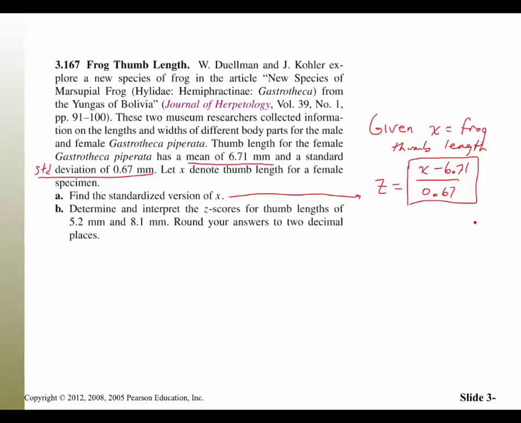Okay, so let's find out. So not only find the z-scores, let's find what percentage of frogs have thumbs between length 5.2 and 8.1 millimeters. Can you do it?